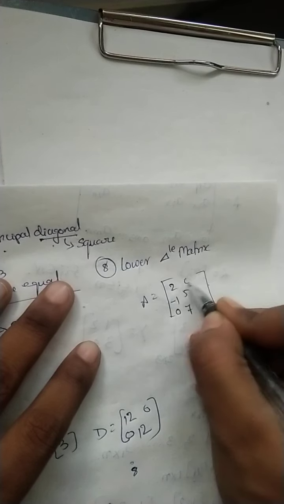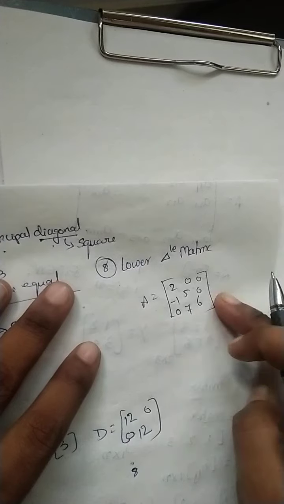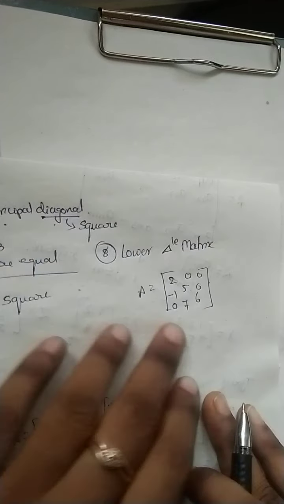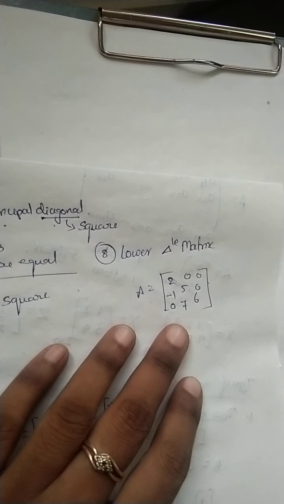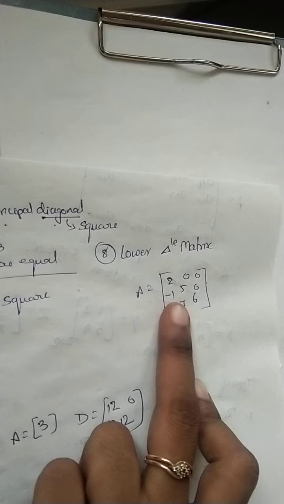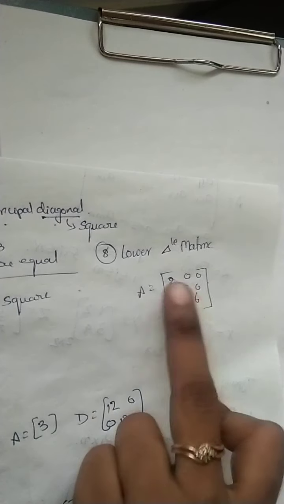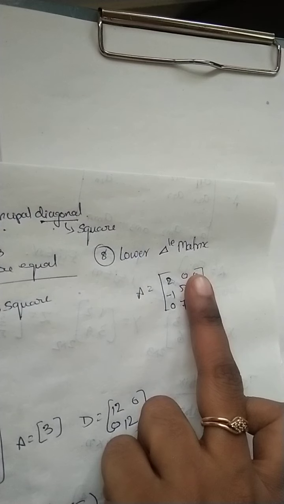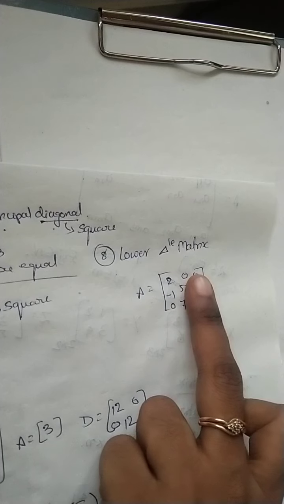So the upper elements are 0 and the lower elements are in the form of a triangle. That type of matrix is called a lower triangular matrix. A lower triangular matrix is a square matrix in which all the entries above the principal diagonal are 0.